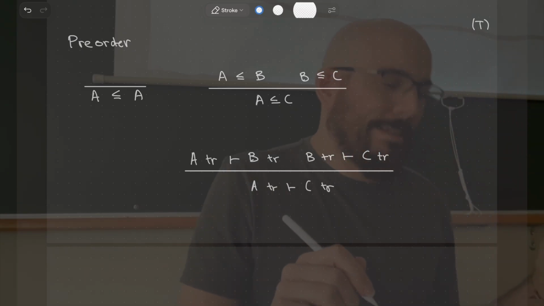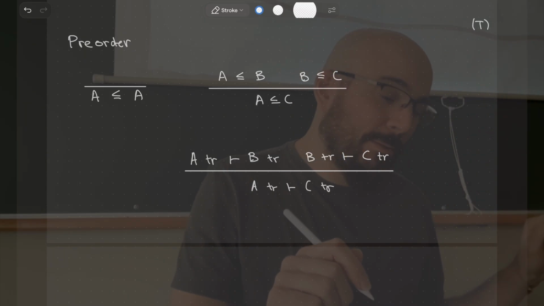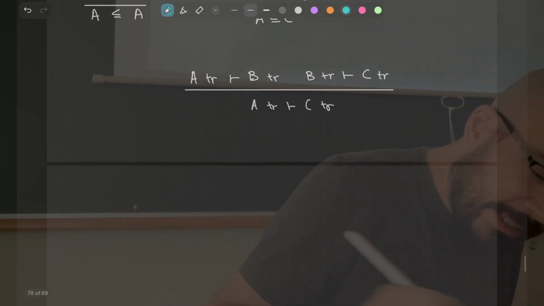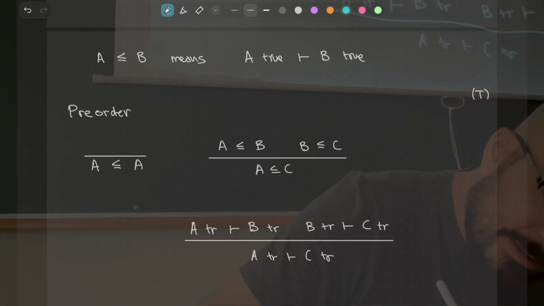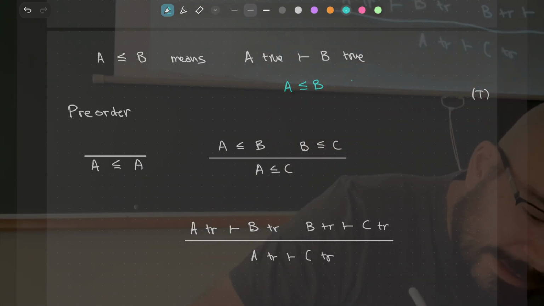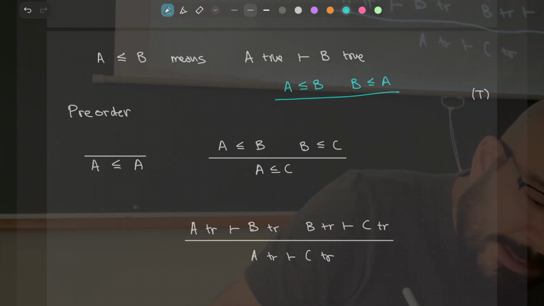And it's not antisymmetric exactly, or maybe I don't know what antisymmetric means right now. Okay, I think you know this word, but what is antisymmetric? Let me state this. It would be antisymmetric if I also had this: from A is less than B, and B is less than A, I can conclude that they are the same.